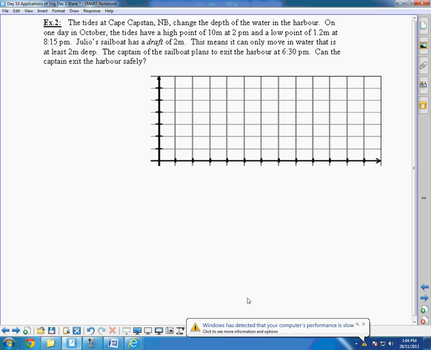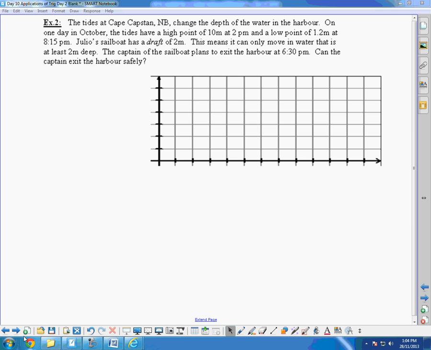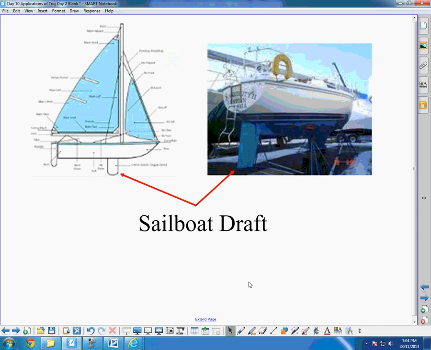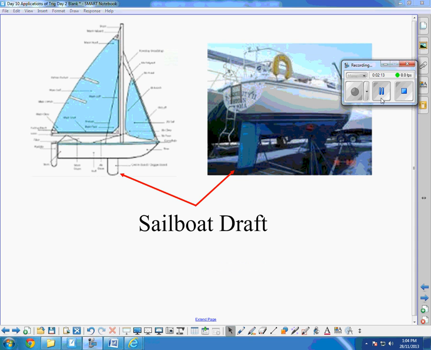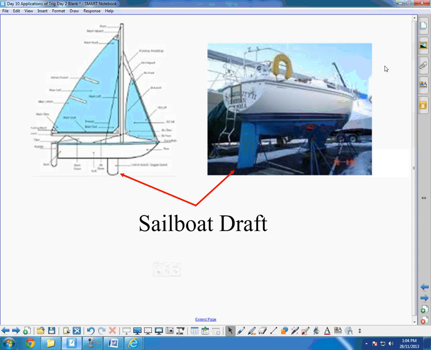So for starters, what is a draft? Well, a draft is this part of the graph right here. The draft is the part that's underneath the water. Of course, the keel and the hull are all underneath the water, but on sailboats especially, there's this extra long piece at the bottom, and you can see another piece over here that is well below the surface.